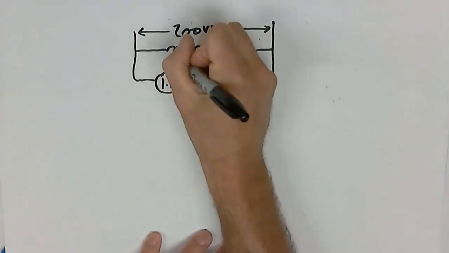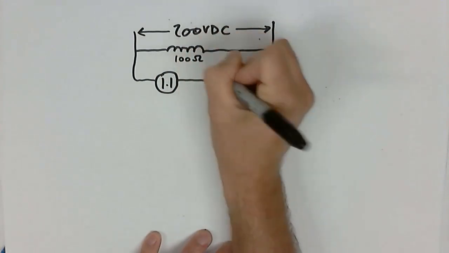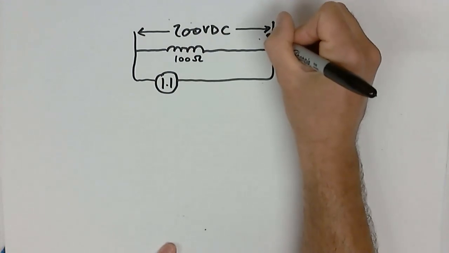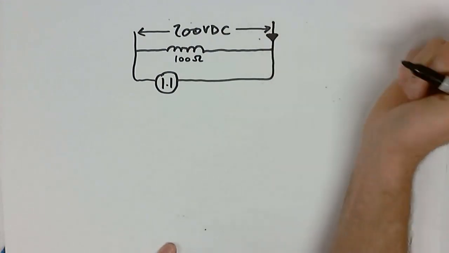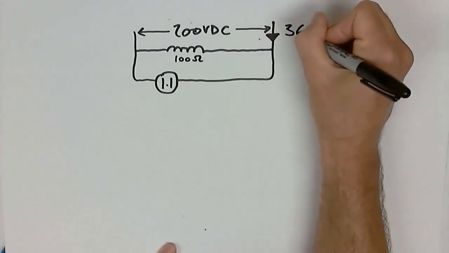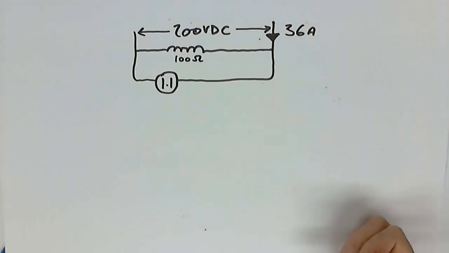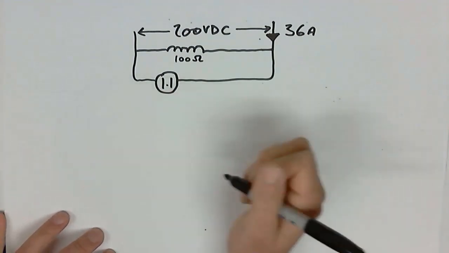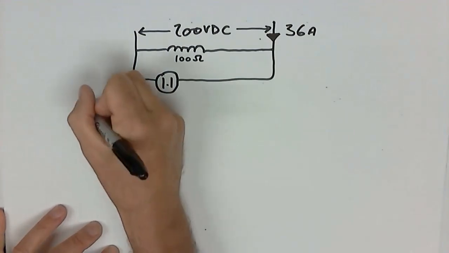And the shunt winding has 100 ohms worth of resistance. And the total draw of this motor on the source is 36 amps. We are going to calculate E effective and E counter EG or counter EMF.